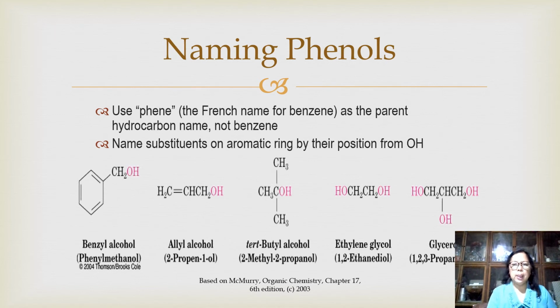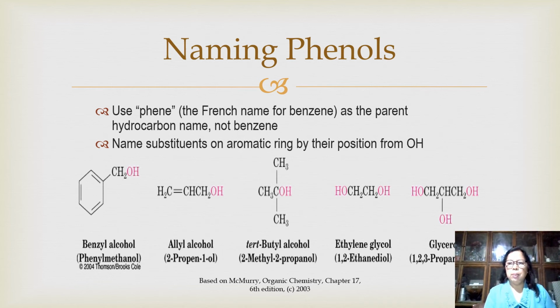Okay, in this case, there are 2 carbons, so ethane, ethanol. But since there are 2 OH, it is ethanediol. And in the ethanediol, the OH groups are found in carbon 1 and carbon 2. So 1,2-ethanediol. How about in this case?